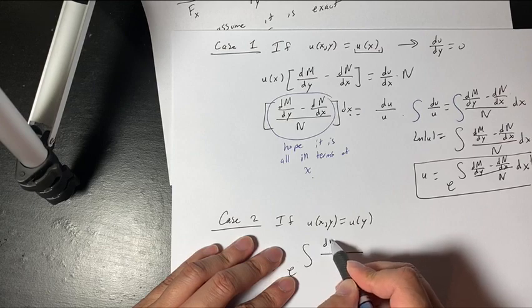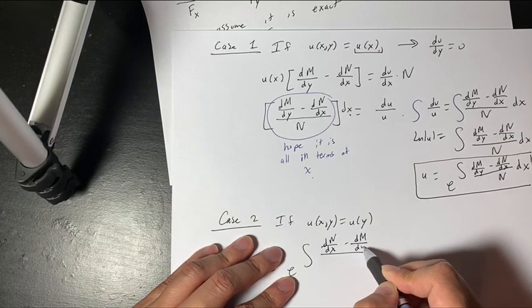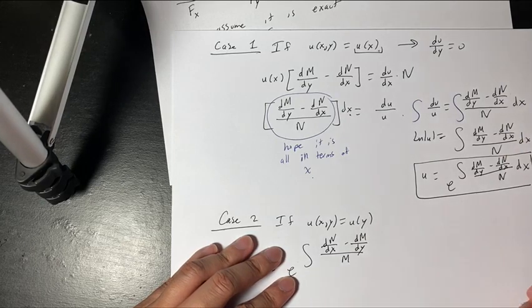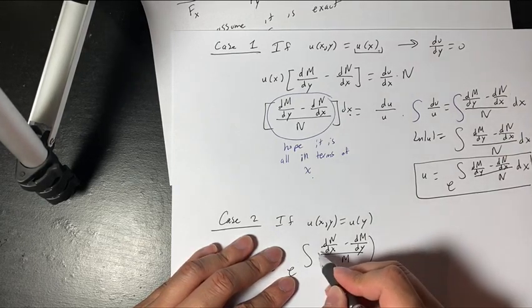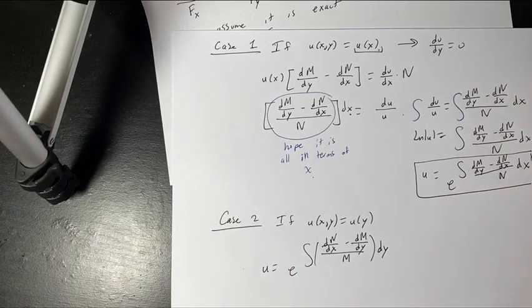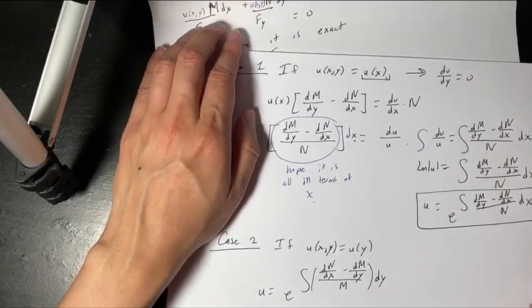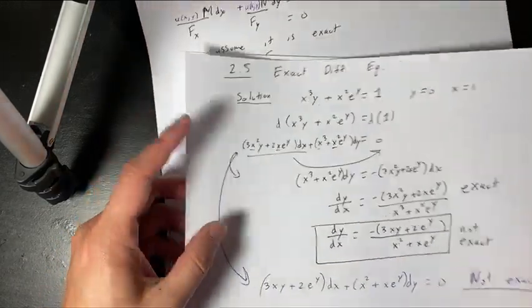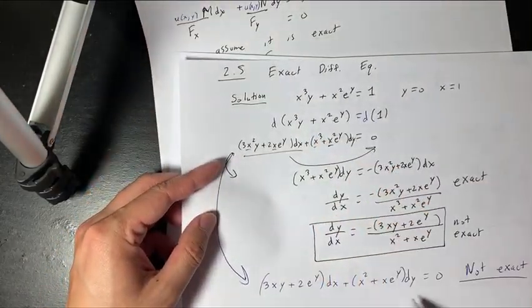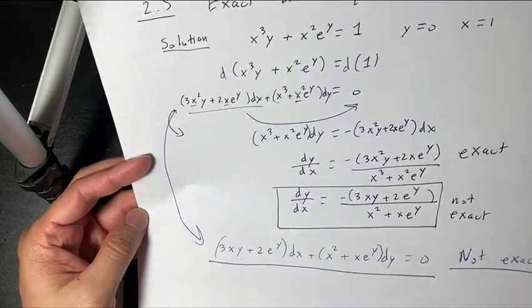It's dn dx minus dm dy over your m, and then you hope all of this is just in terms of y, so you can integrate with respect to y. So u will be a function in terms of y. Okay. But for our first example, our u is going to be in terms of x.